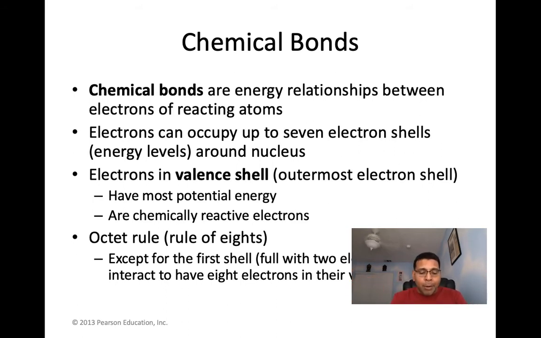If the outermost energy level of an atom is filled to capacity, the atom is said to be stable and unreactive. On the other hand, if atoms are not filled to capacity, they tend to gain, lose, or share electrons with other atoms to achieve stability.